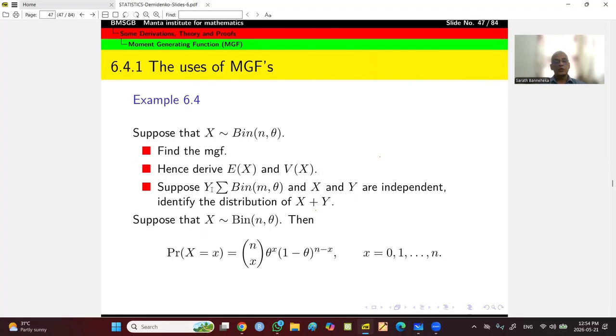And I have forgotten to put this sign here, because y has a binomial, and x and y are independent. Suppose x has a binomial distribution with n theta. What I wanted to say is actually not this sign here. I wanted to say y has a binomial m theta, right?